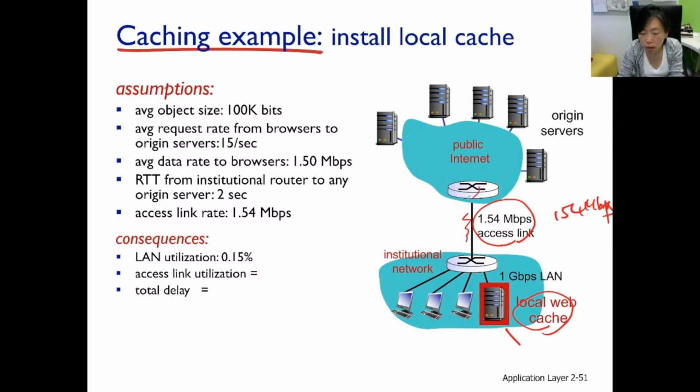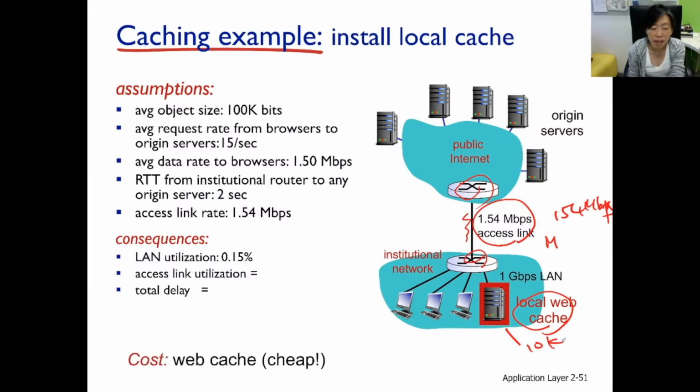Labor costs, routers are expensive, cables sometimes can be expensive depending on the physical distance between the 2 routers. For your information, this could take millions of New Taiwan dollars. But installing a high-end server machine only takes this many New Taiwan dollars. So that's about 2 orders of magnitude difference. Yeah. Installing a web cache is so much cheaper.